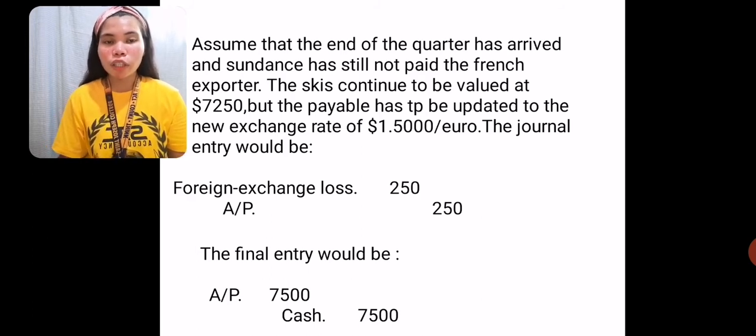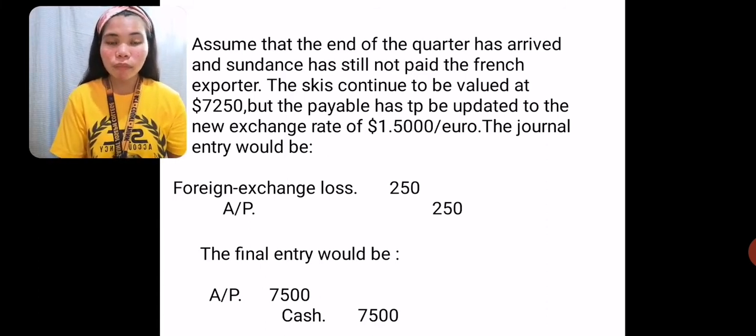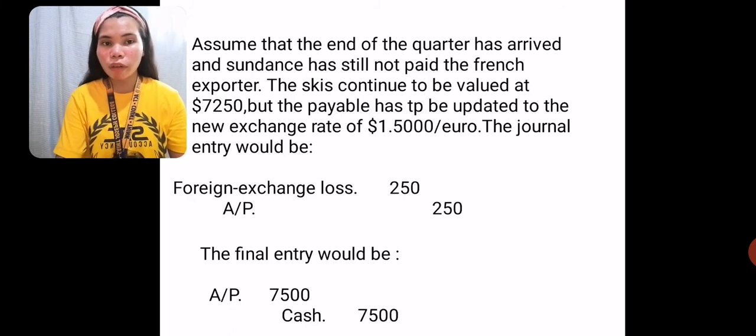The journal entry would be debit foreign exchange loss 250 and credit accounts payable 250. The payable would now be worth $7,500. So, if settlement were made in the month following the end of the quarter and the exchange rate remained the same, the final entry would be debit accounts payable 7,500 and credit cash 7,500.